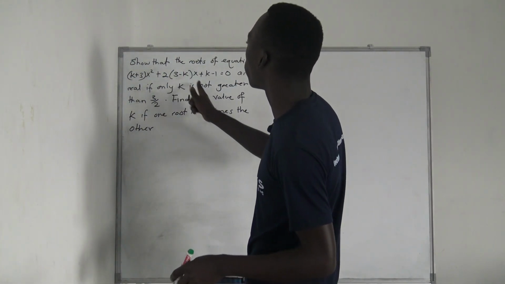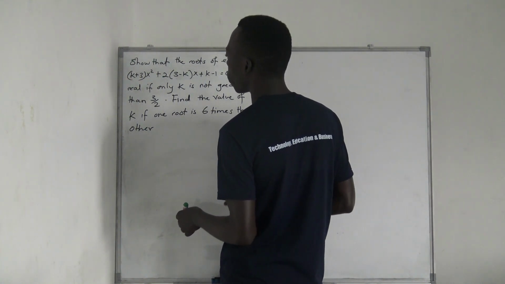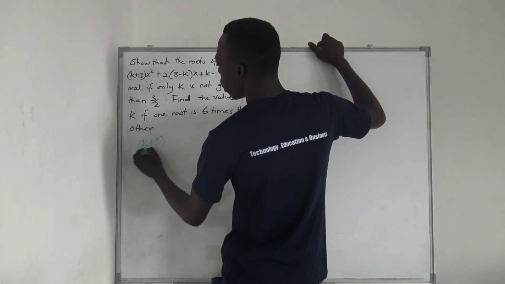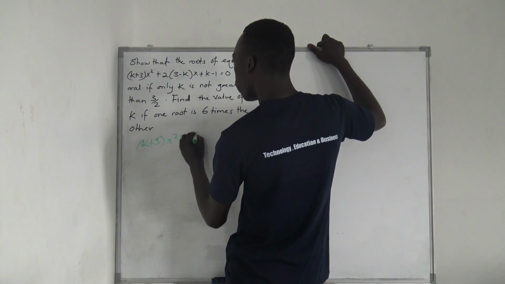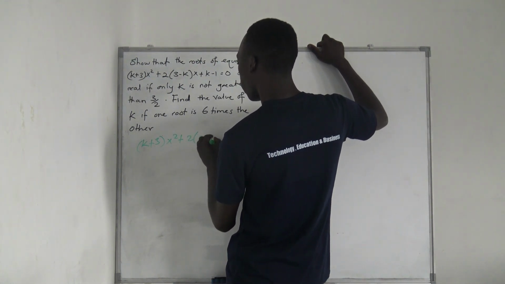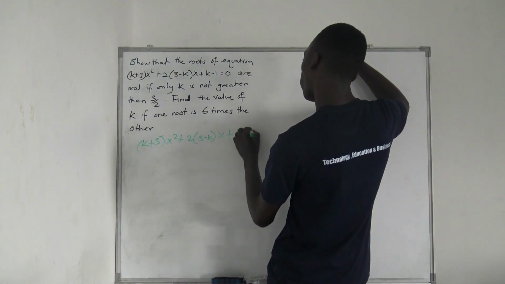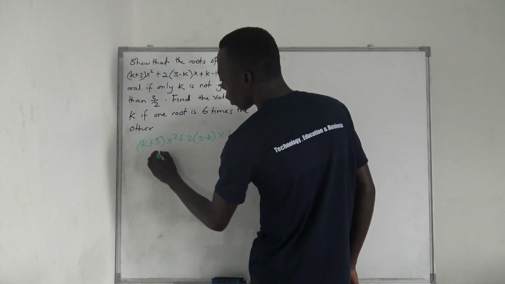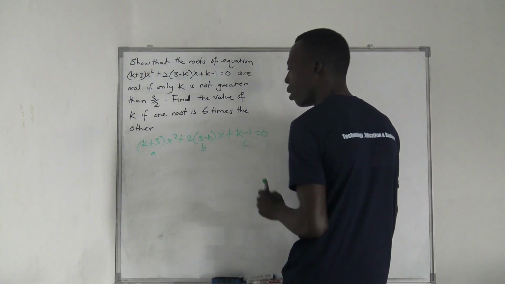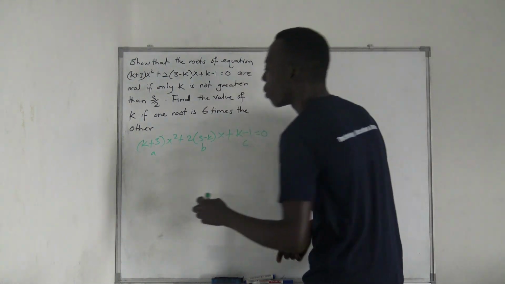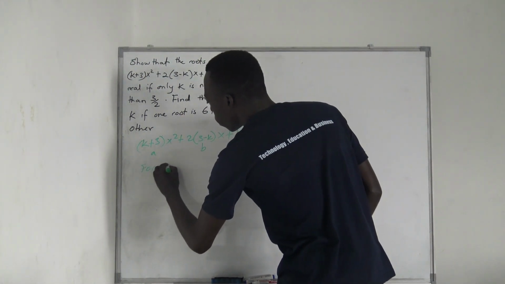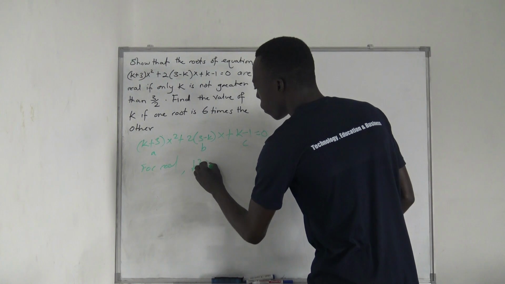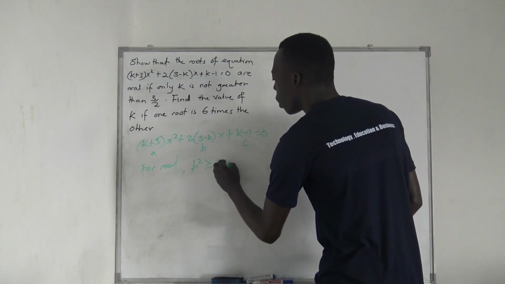Now they have given us this equation: k plus 3 x squared plus 2 times 3 minus k x plus k minus 1 equals 0. So that's the equation which you have. We say this value is a, this is b, this is c. For real roots, we know that b squared is greater than or equal to 4ac.